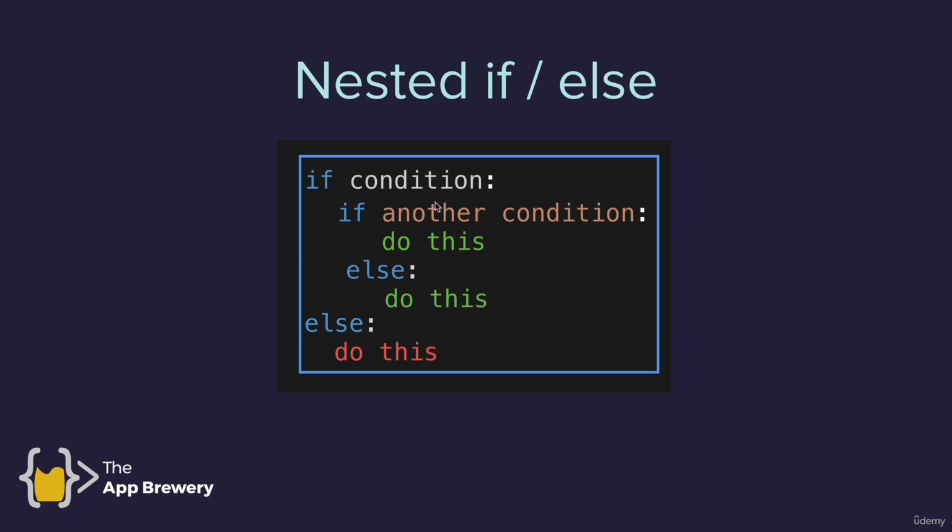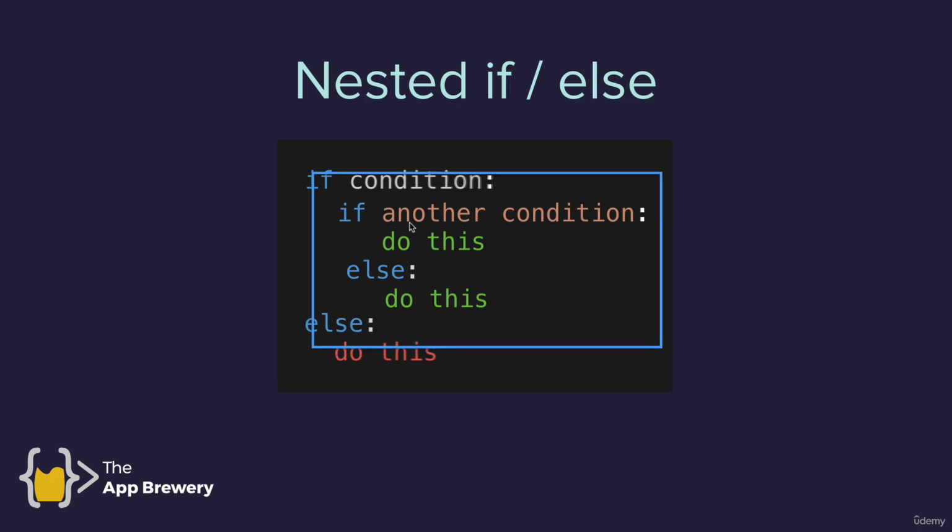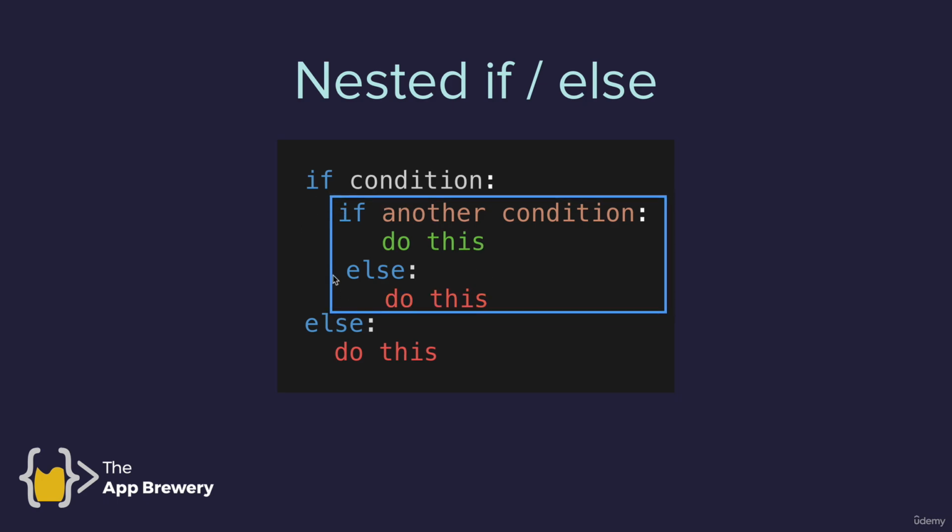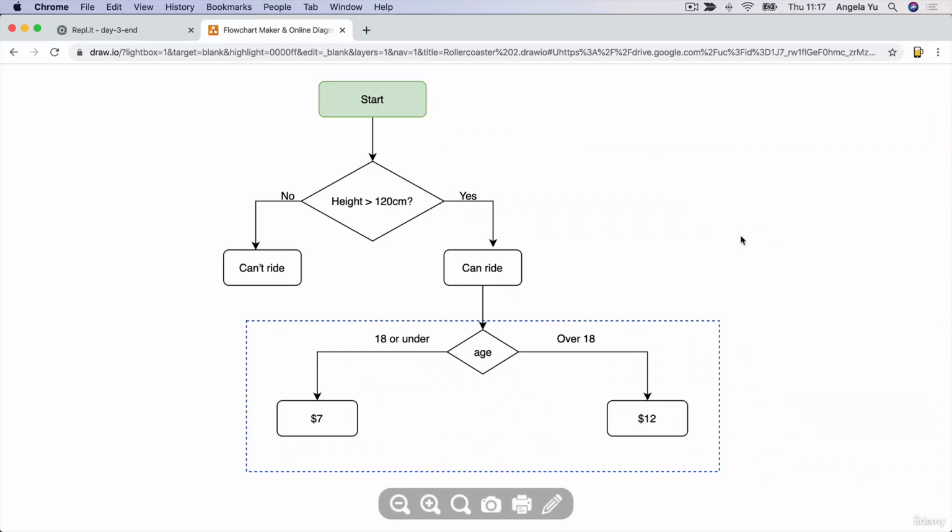In order for this to happen, this condition has to be true, but this condition has to be false. So essentially, the computer first looks at the larger picture, which is this first condition, and decides on whether it should go into the else block here, or if it should go into the nested block inside the if statement. So now this is what our flowchart looks like.